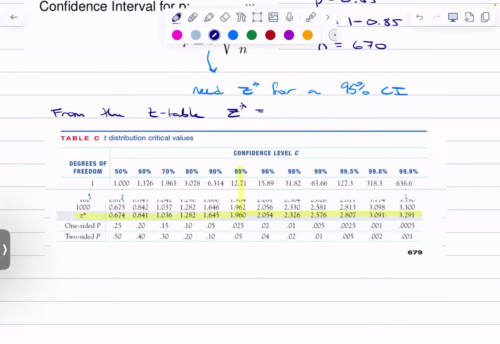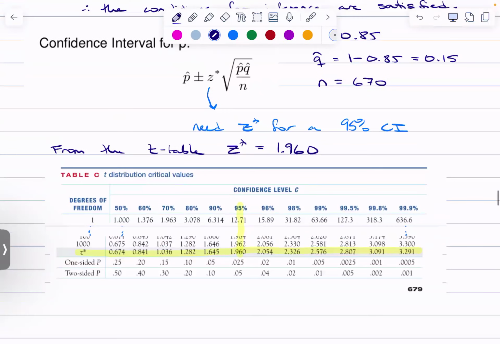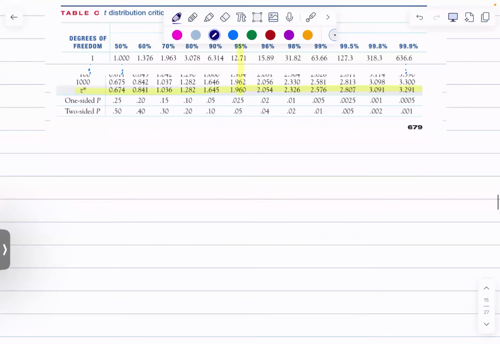And so z star is 1.960, which is really just saying I need to move out 1.96 standard errors from my point estimate to make a 95% confidence interval. But now we have all the components and now we just need to build the interval. All right, that's phase one.